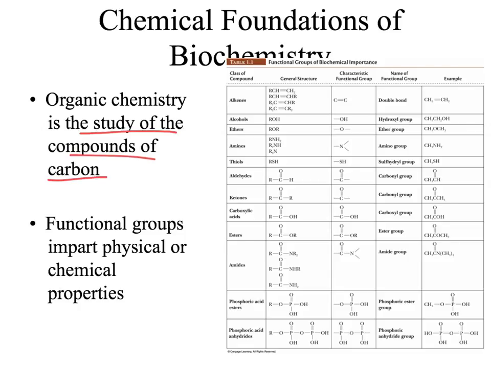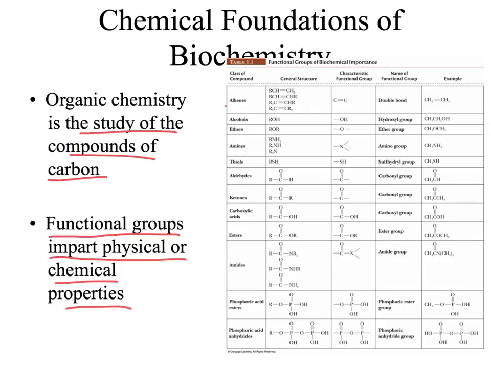And within organic chemistry, you've studied these functional groups, which we know will impart physical or chemical properties to the different substances that we have. So it is going to be important to remember the different functional groups. These are relevant in biological systems. We're going to see them in different types of reactions.